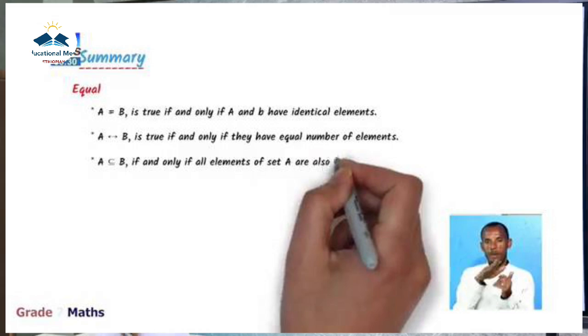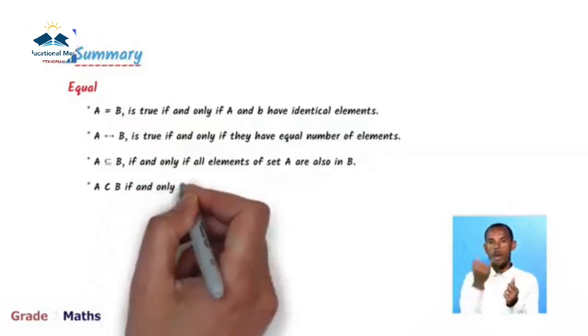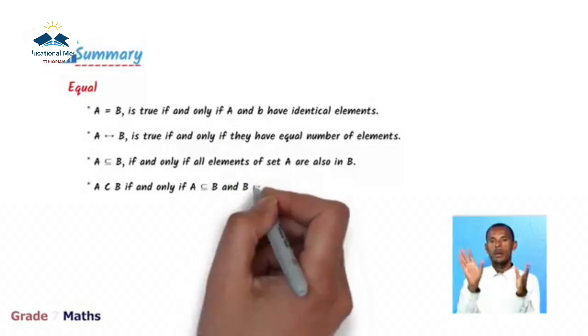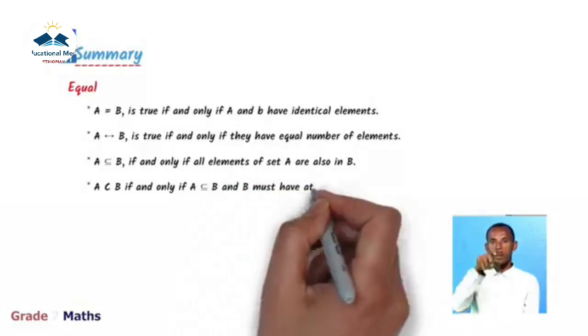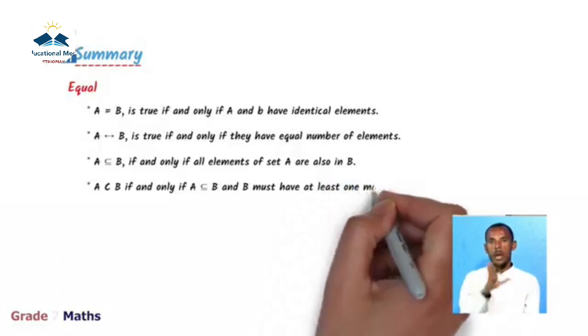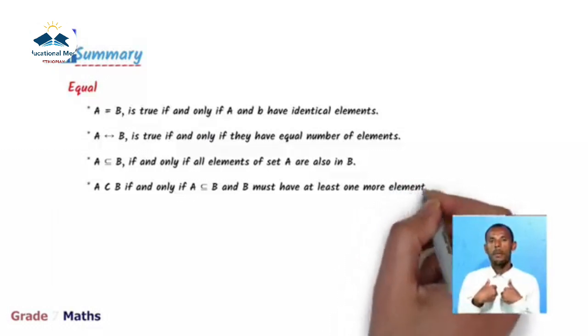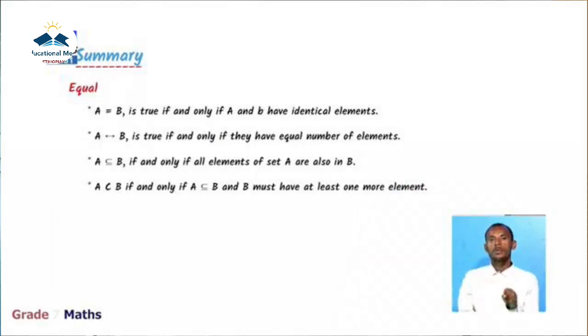A is a proper subset of B if and only if A is a subset of B, and B must have at least one more additional element. This is the concept that we have seen today.